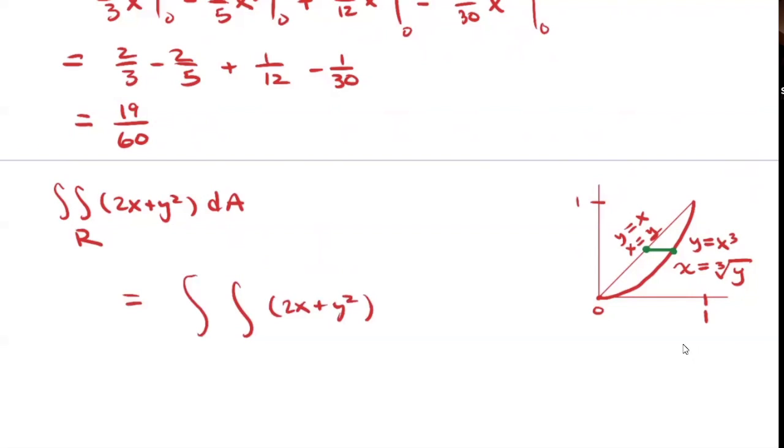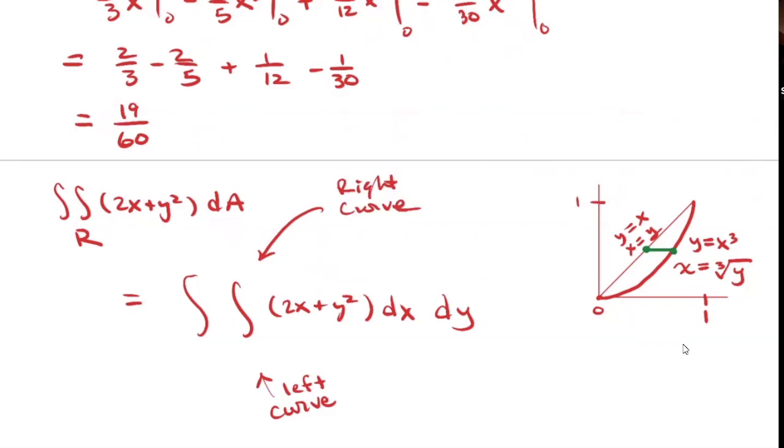But this time we're going to go dx and then dy. And on the left, we have to do curve to curve. But these are left and right curves. X is bigger on the right and smaller on the left. So on the left, x is y. And on the right, x is the cube root of y.